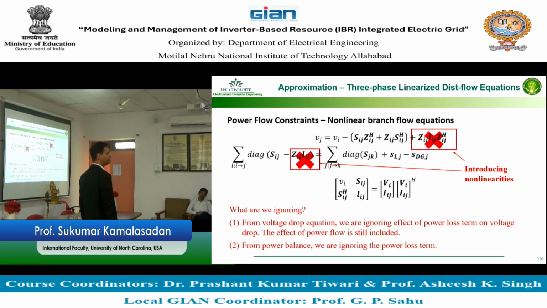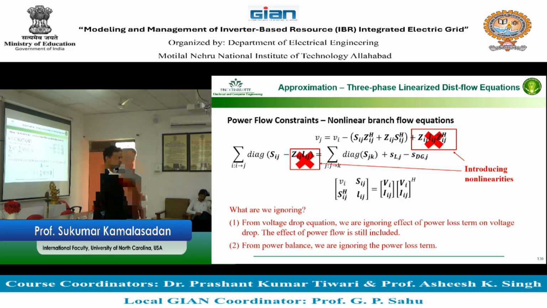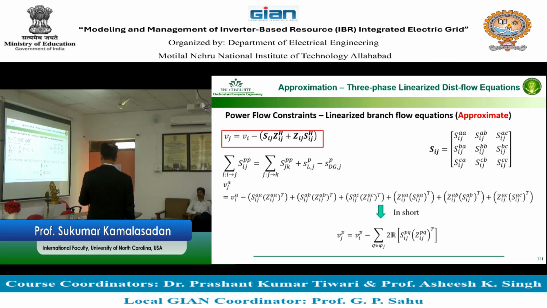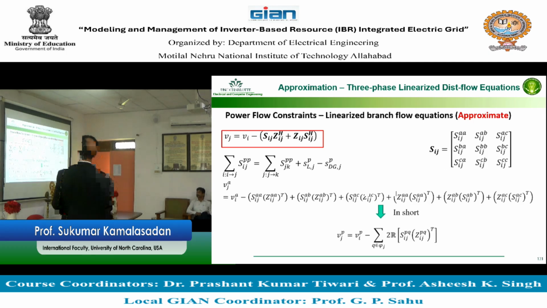What happens if you ignore the power loss term? Will you be able to solve the power flow? Yes, you will. What happens if the loss is not included? Well, if the loss is not included, you will lose the value of the loss or whatever cost you want to track. So we linearize, approximate, and write this part of the equation.